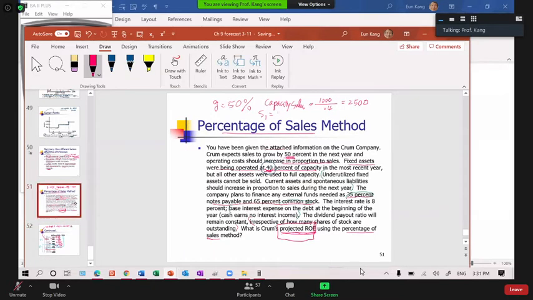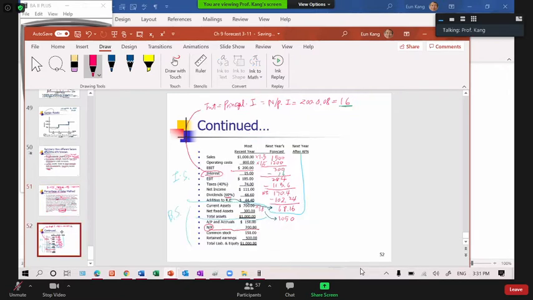So S1 is 1,500, and that is less than capacity sales. So what should be next year's net fixed assets? Should be 300. Check, good answer.